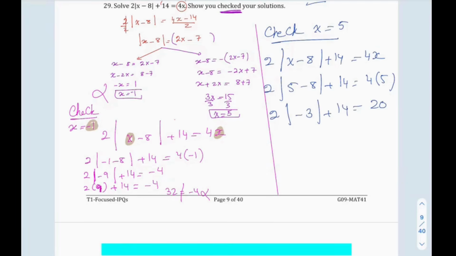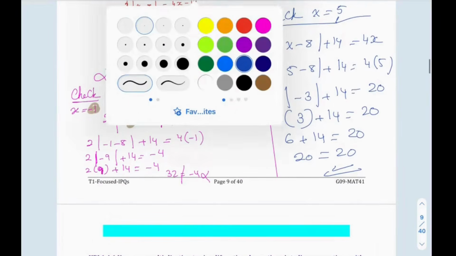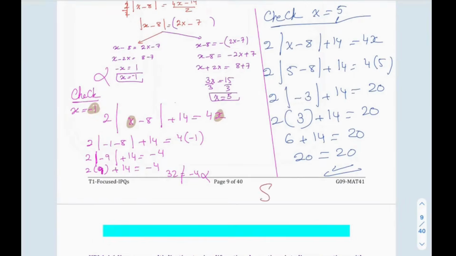Absolute value of -3 is 3. 2 times 3 is 6. And this becomes 20 equals 20, which is correct. So this is acceptable. So when you write the solution now, you will not include the first one in the solution set. So you just write solution only 5. That gives me the correct answer.